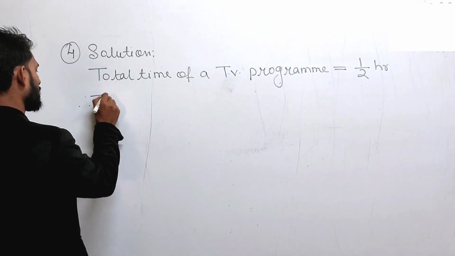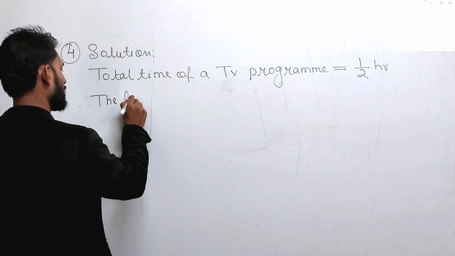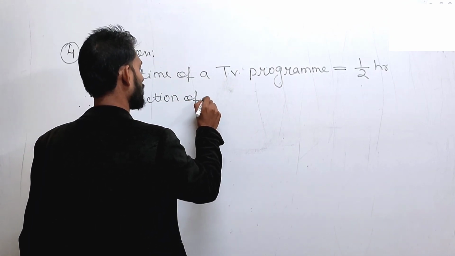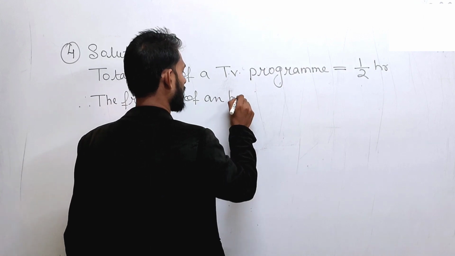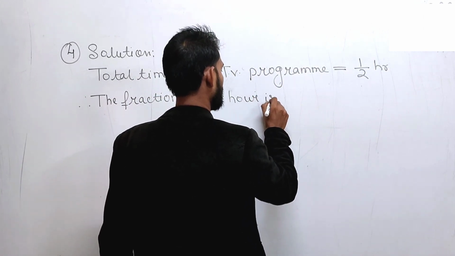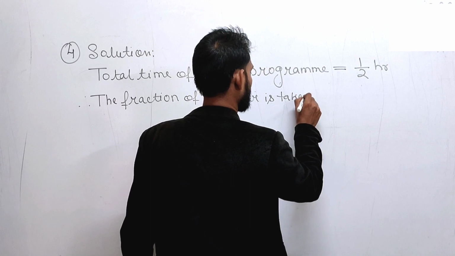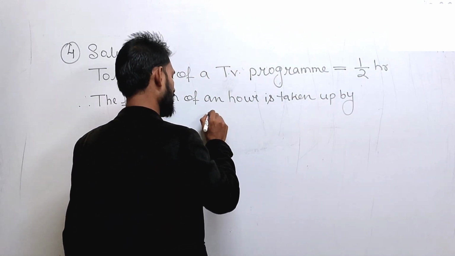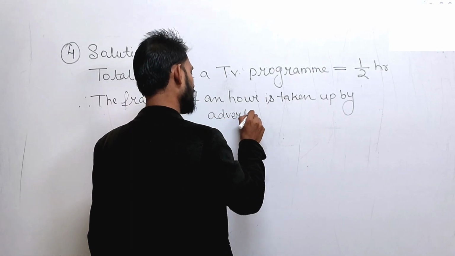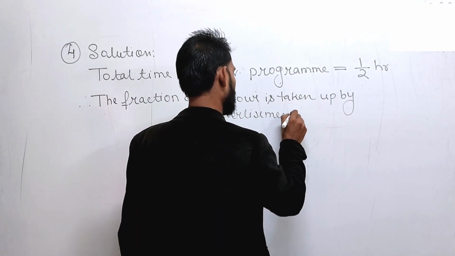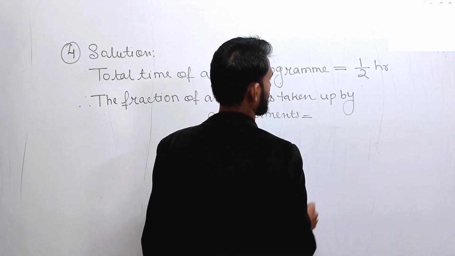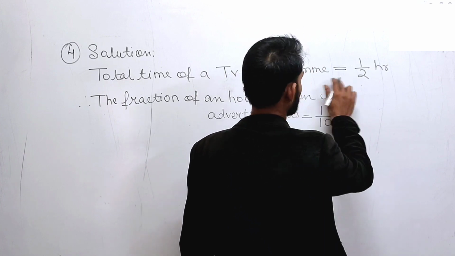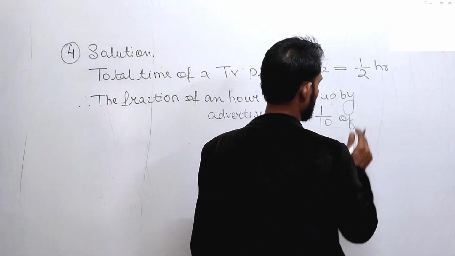For the fraction of an hour taken up by advertisements, that is 1/10 of the total time of a TV program, that is half hour.